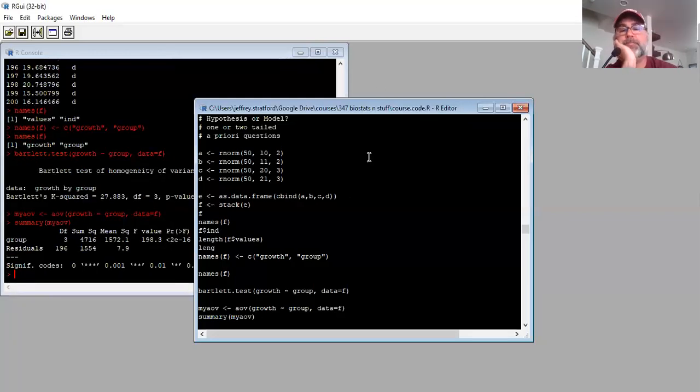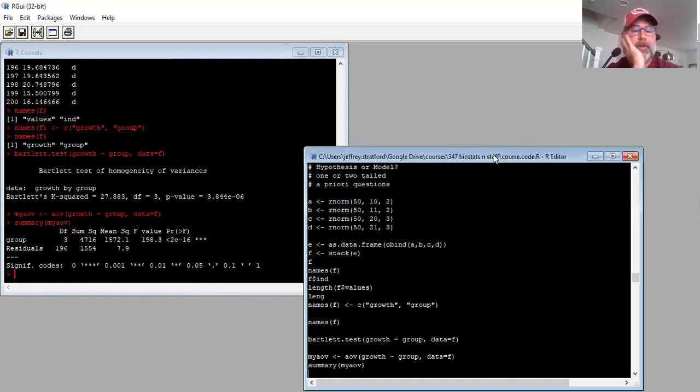Again, your results are going to be slightly different, but hopefully the generalizations are the same. So here's your source table. It gives you group and residuals, which are your two sources of variation. The third one would be the total. For your degrees of freedom, you have 3 and 196. And remember, to get the total, you just add those. So your total degrees of freedom in your experiment would be 199, that's 1 minus the total.